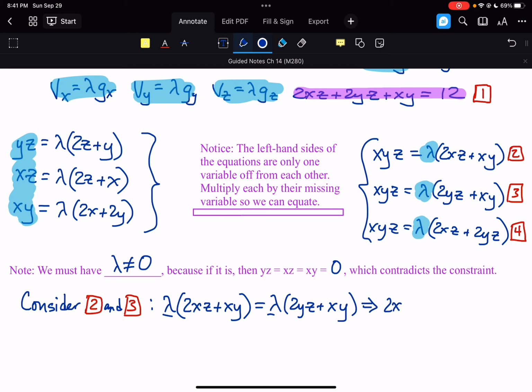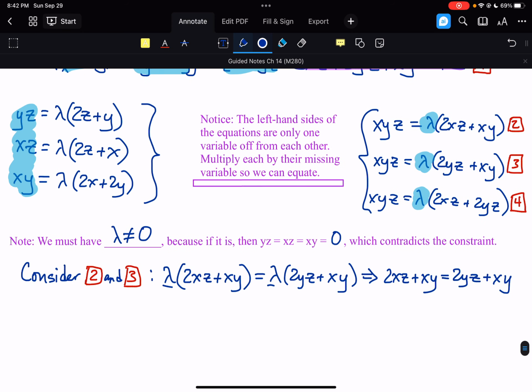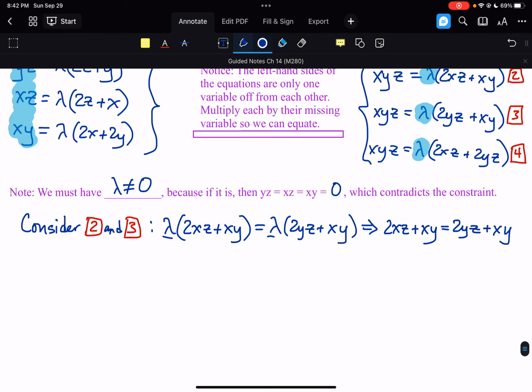So we have 2xz plus xy equals 2yz plus xy. Subtract off the xy's, they cancel. So we're left with 2xz equals 2yz.